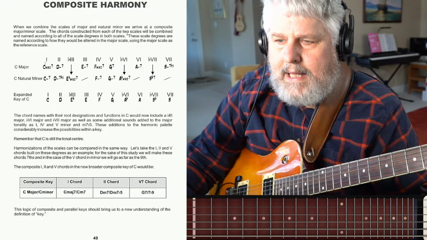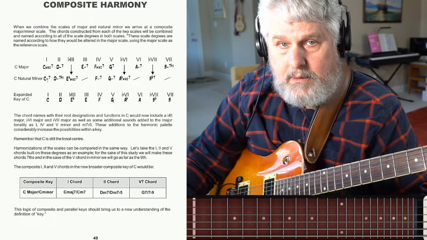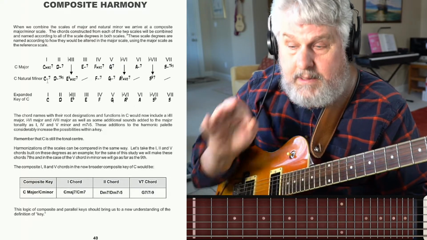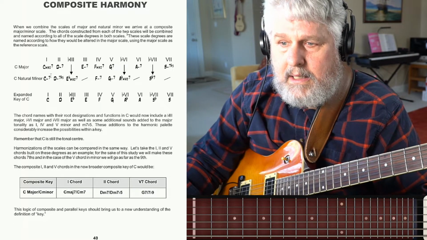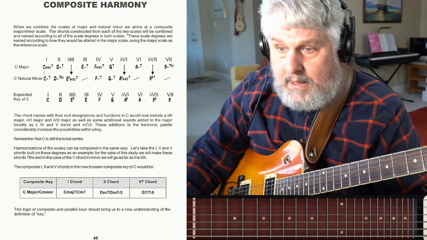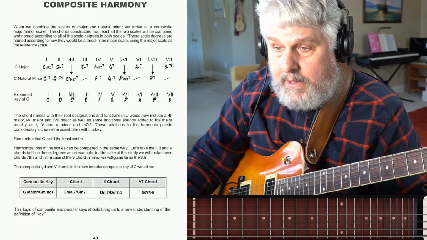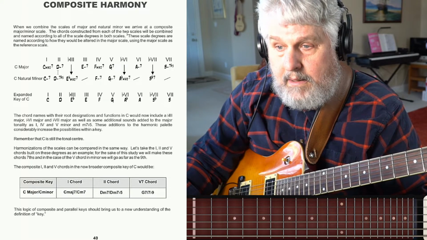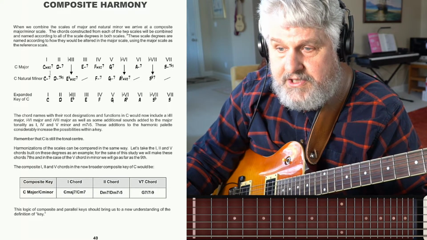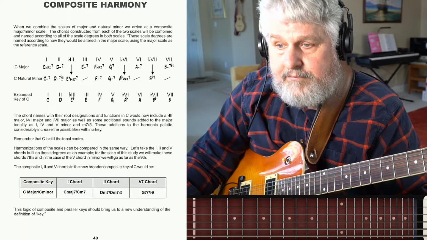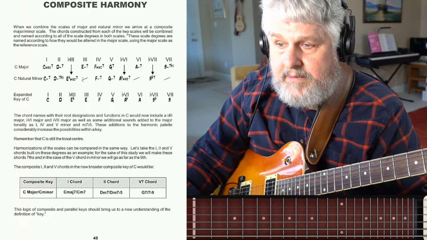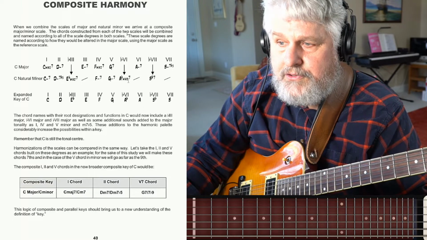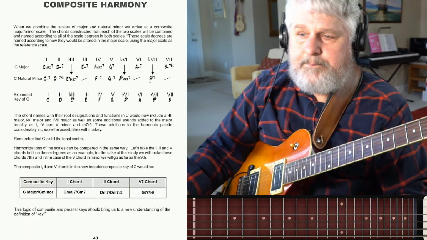And if we look at the parallel C minor, parallel meaning same root note, same key center, same tonal center, and we harmonize the scale of C minor, we end up with the chords C minor, D minor 7 flat 5, E flat major 7, F minor 7, G minor 7, A flat major 7, and B flat 7.